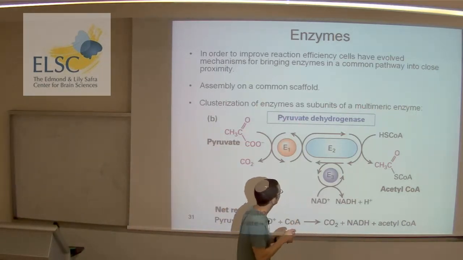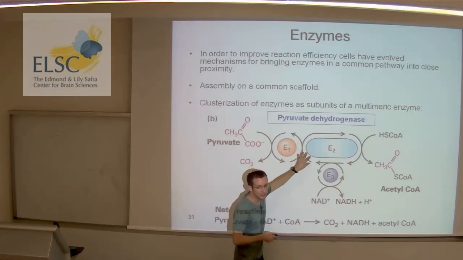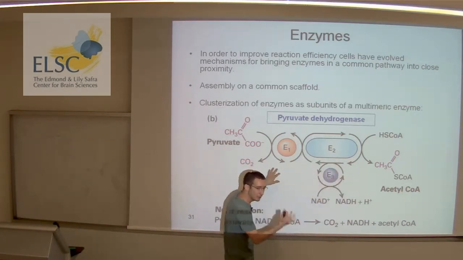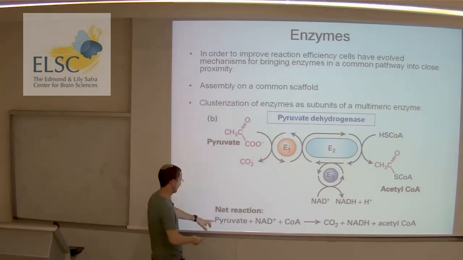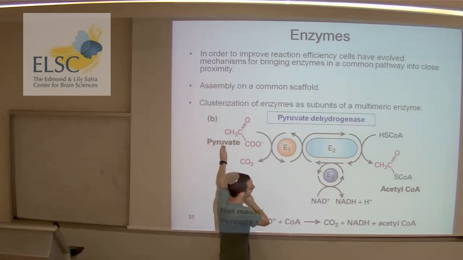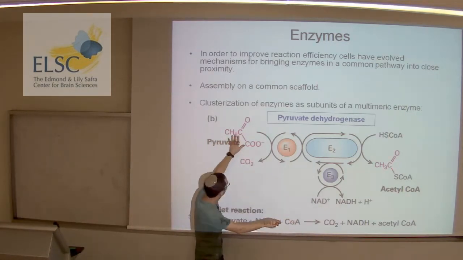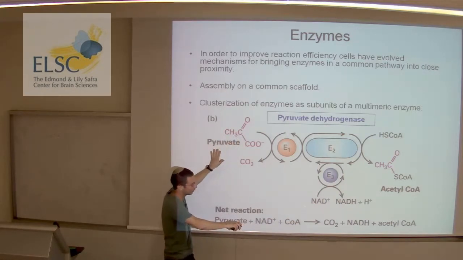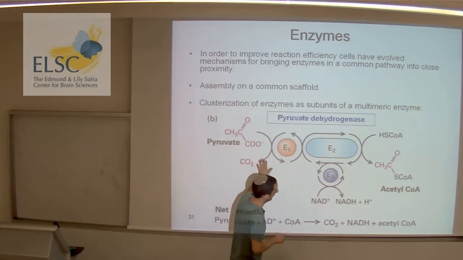For instance, pyruvate dehydrogenase is a multimeric enzyme. It's multimeric because it's built from enzyme 1, enzyme 2, and so on. The net reaction that pyruvate dehydrogenase does is written down here. So for instance, pyruvate comes from here and will find itself at the end as a part of the acetyl-CoA, here in purple. You have to have some energy to drive this reaction. It comes from here. You have CO2 exiting the system, and so on.